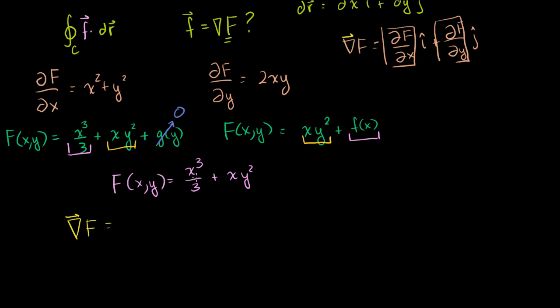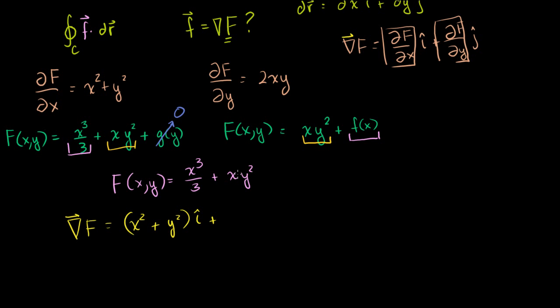The partial of this with respect to x times i. The derivative here, 3 divided by 3, is 1, so it's just x squared, plus the derivative of this with respect to x, which is y squared, times i. Plus the partial with respect to y. Well, the partial with respect to y of this is 0.